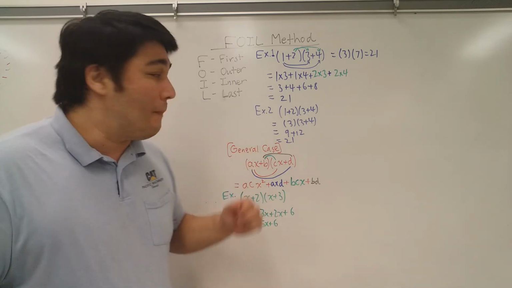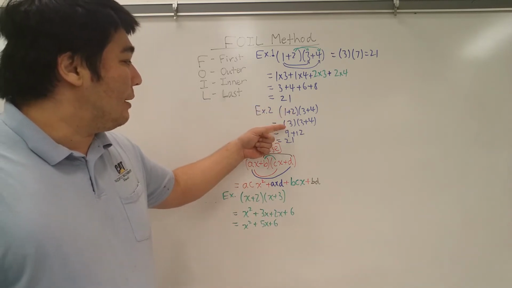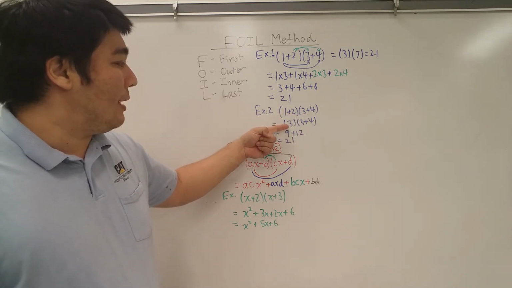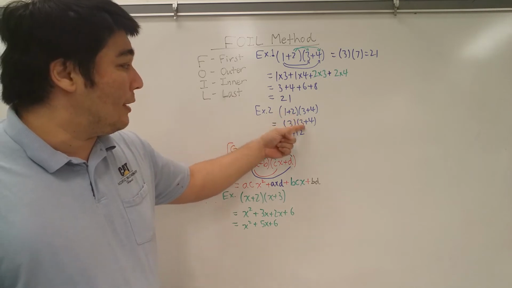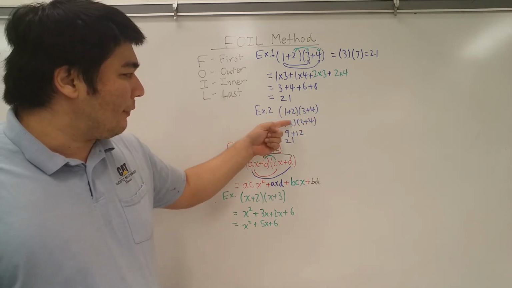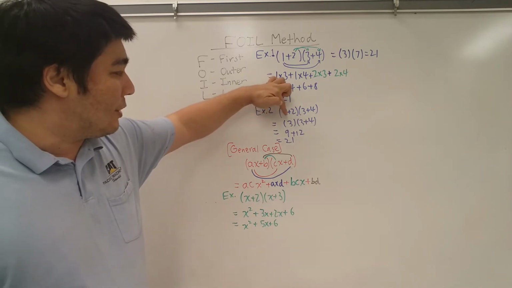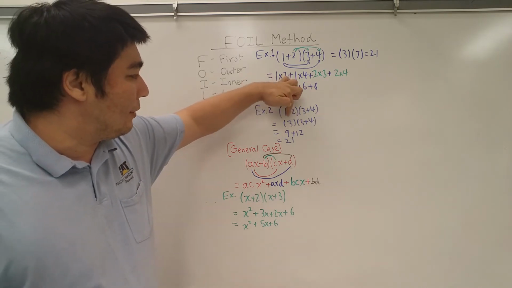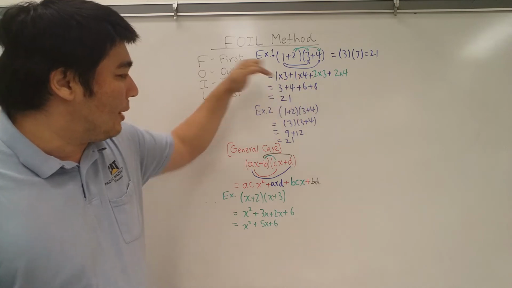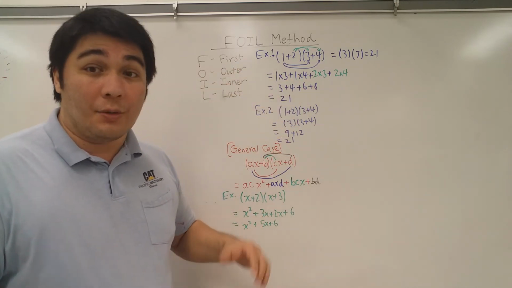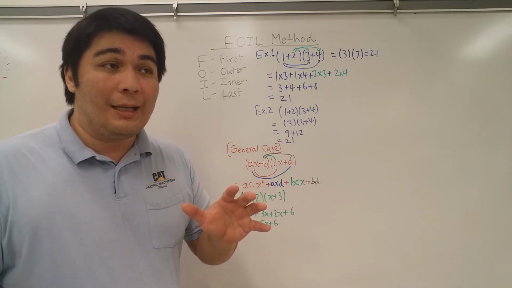So 1 plus 2 is 3, and then I leave my 3 plus 4. Now I can take my 3 and, using the distributive property, distribute it to each of the terms here. So 3 times 3 is 9, 3 times 4 is 12, and 9 plus 12 is 21, just like we got last time. So that way of thinking about it actually works.